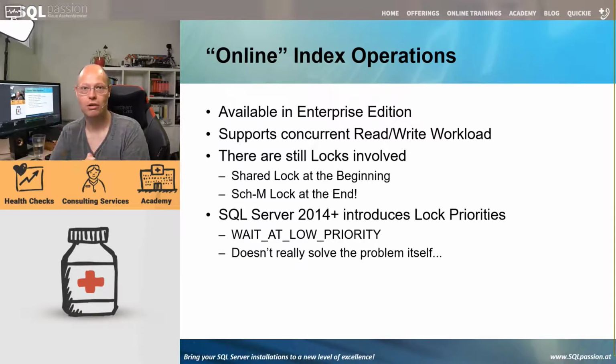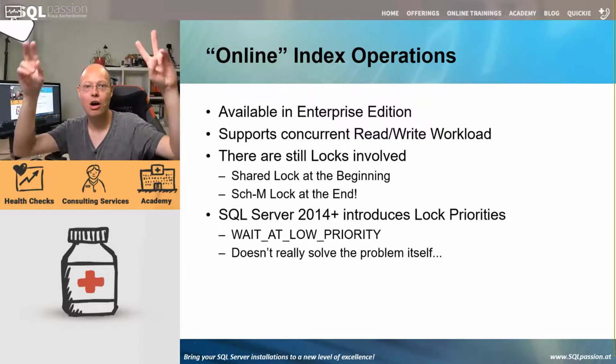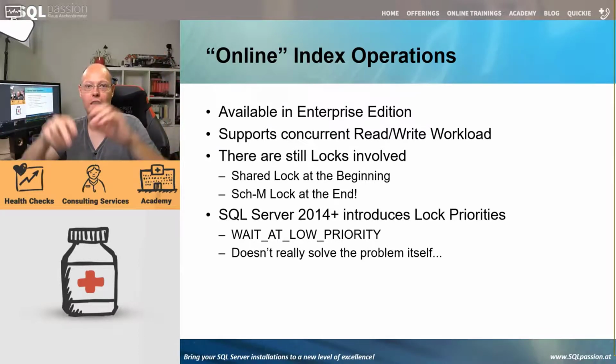Even the query optimizer can't compile an execution plan. And that lock type is acquired during your online index operation. Just think about it. Microsoft has fixed that problem in a Microsoft way.